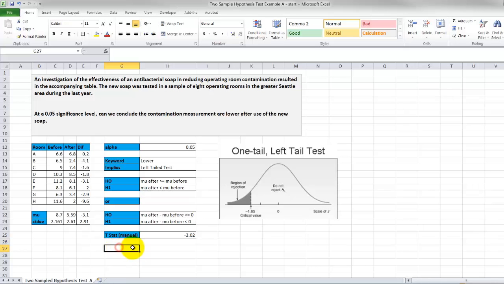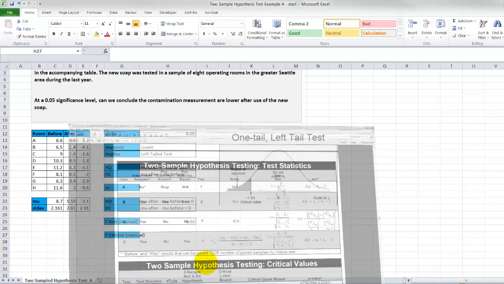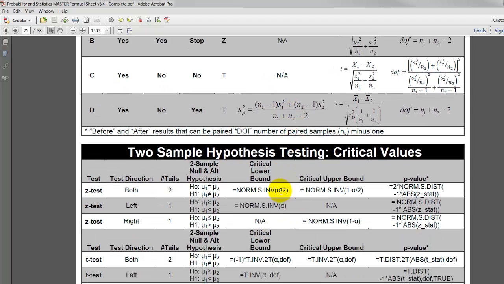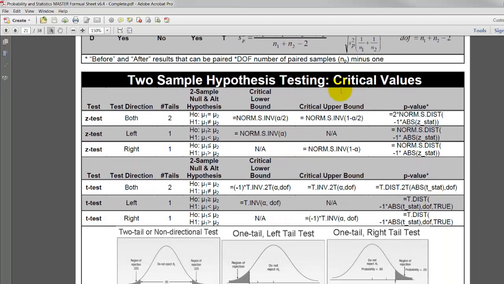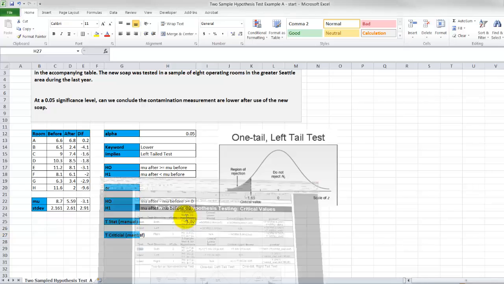What about our T critical? Okay, so let's go ahead and look at our formula sheet. Down here at the critical value, we are talking about a t-test. Our direction is going to be the left. We've already determined that.